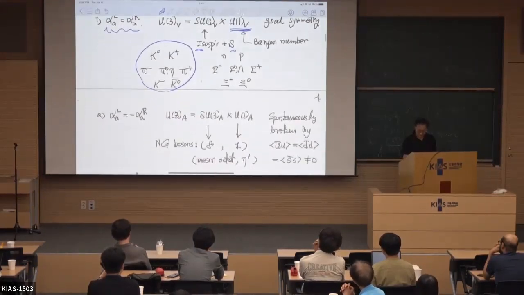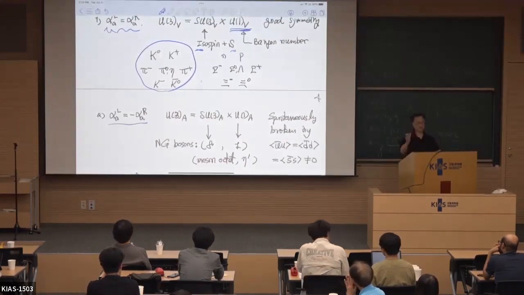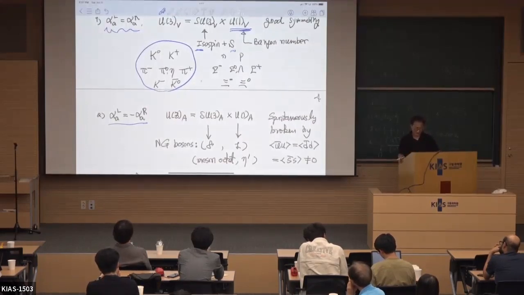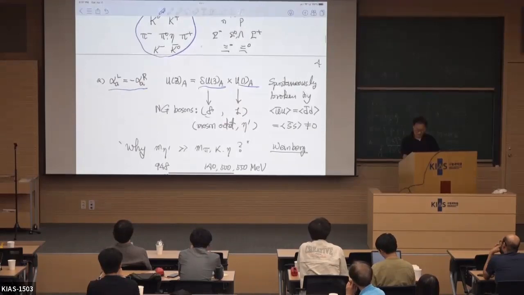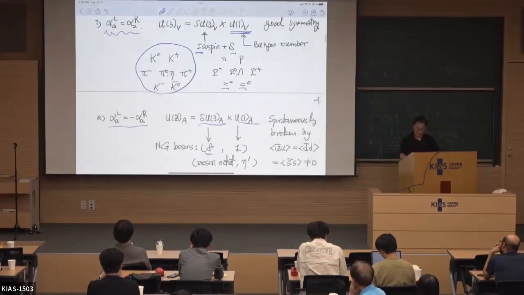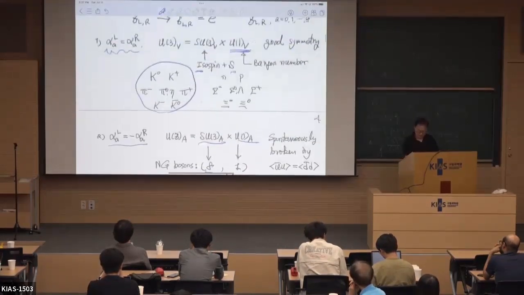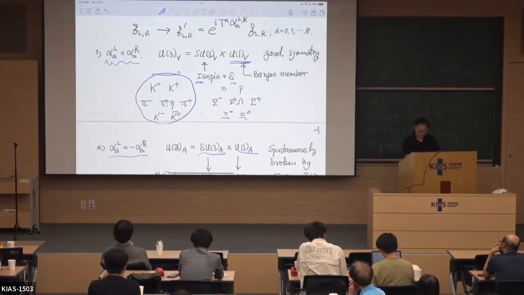Now for U(3)_A, we take the opposite rotation, I mean a different rotation of left-handed and right-handed quarks. Then again decomposing it into SU(3)_A and U(1)_A. The meson octet, perhaps you know, this is the I3 direction, this is the strangeness direction, right?